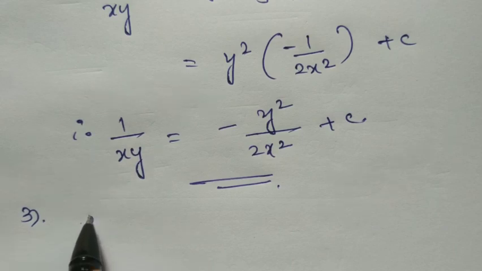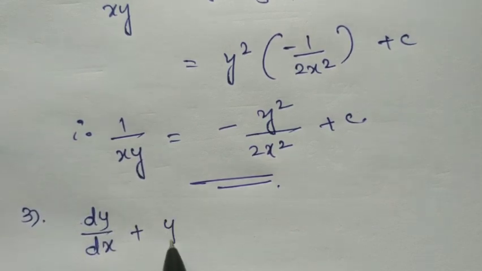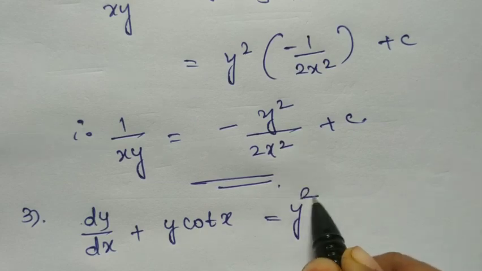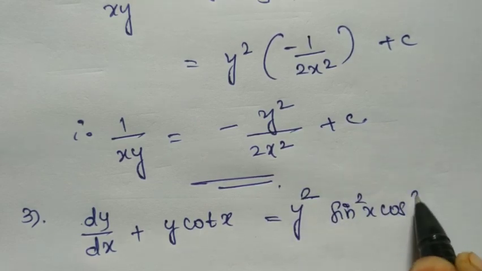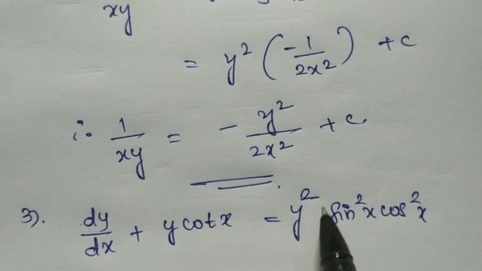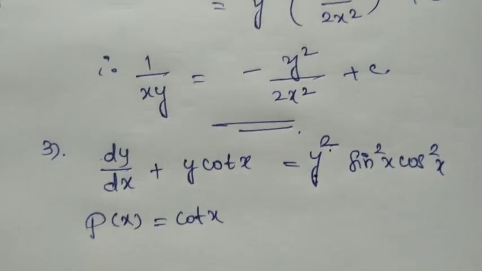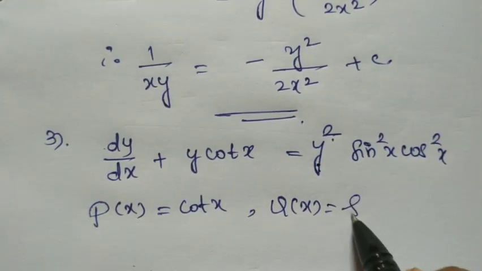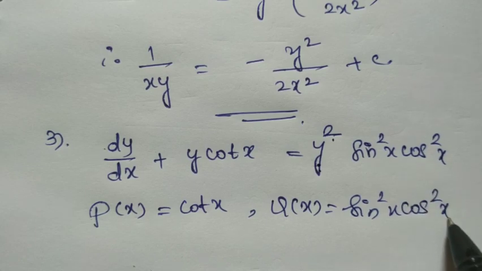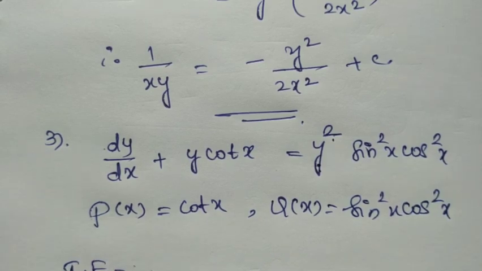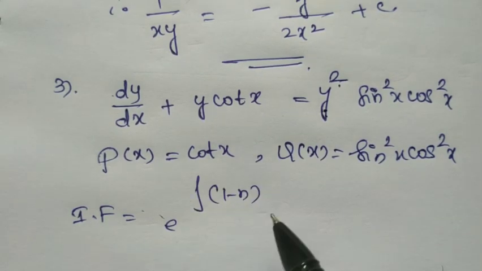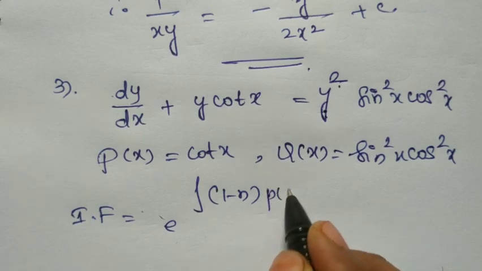Next problem: dy by dx plus y cot x equal to y square sin square x cos square x. This is also in the form of Bernoulli's differential equation of case 2, and here n equal to 2. So therefore p of x equal to cot x and q of x equal to sin square x cos square x. So integrating factor equal to e power integration of (1 minus n) into p of x dx.